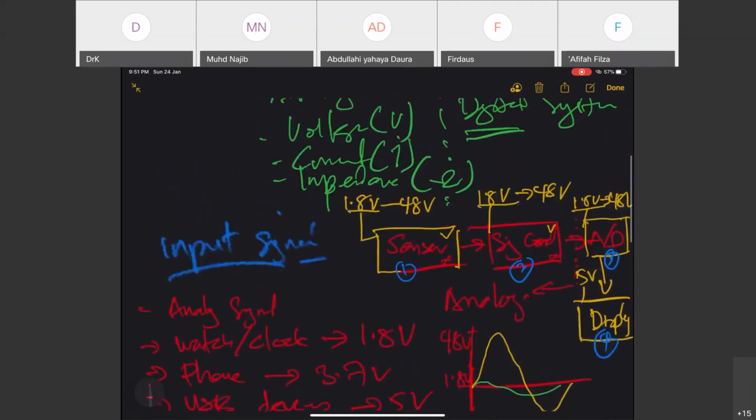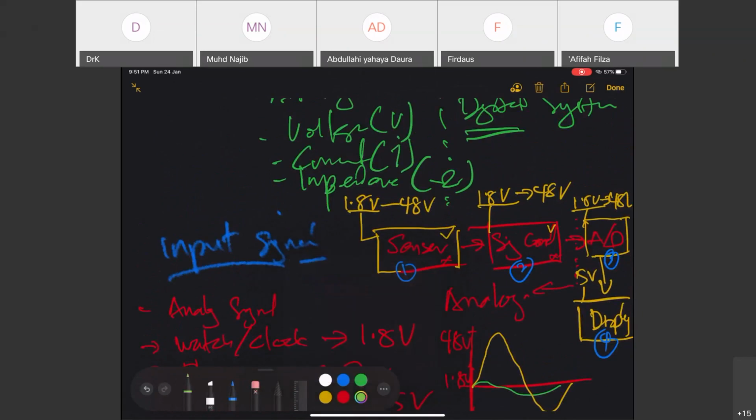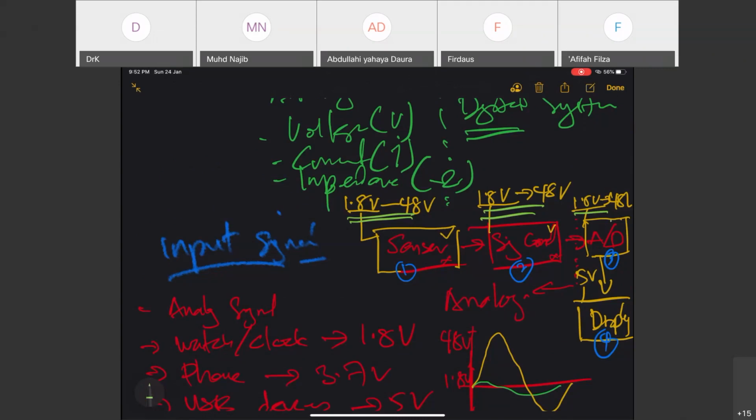then basically takes a lot of voltage range, which covers from this range, and of course all these 4 elements, at least 3 of these elements, they can take any voltage range. At least you can confirm that the display unit definitely operates at 5 volts. All right, so your input system that goes to ADC is coming from sensor, also coming from signal conditioning.